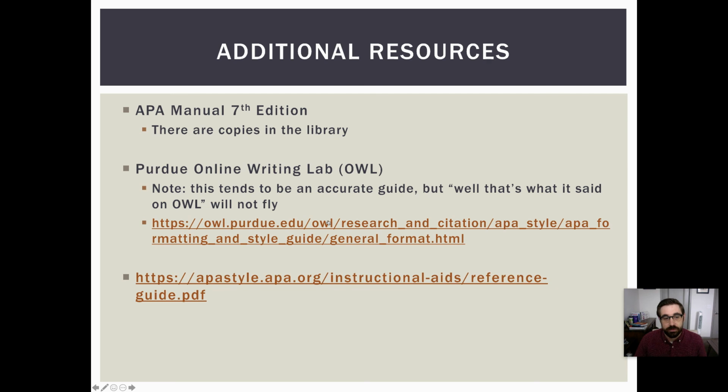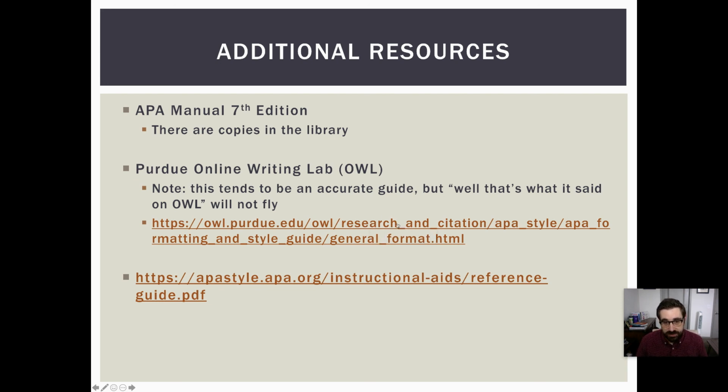There's also a pretty reliable website called the Purdue Online Writing Lab, OWL, that seems to be a pretty good resource for APA style issues. So if you are Googling questions about APA style, oftentimes it'll take you to this online writing lab. So you could go right there and check out advice on APA style.